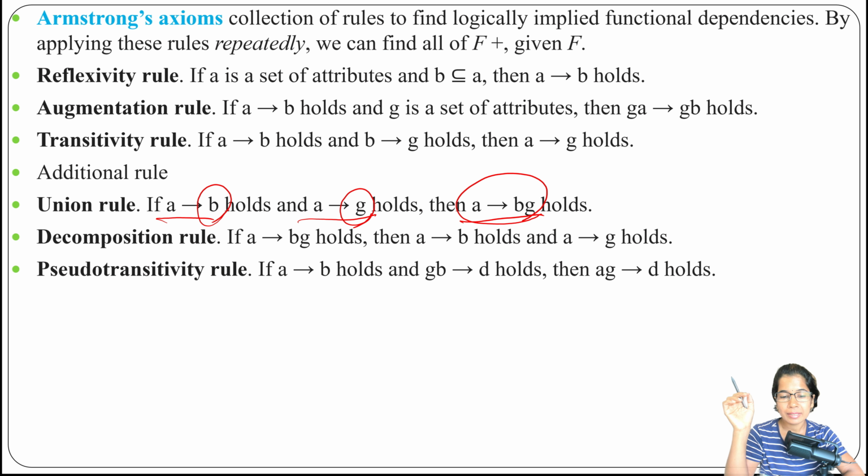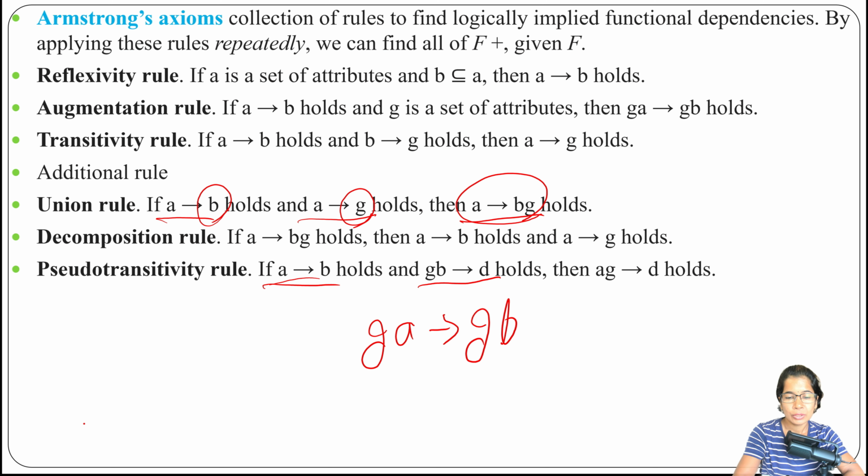Next is the pseudo transitive rule. If A implies B holds and GB implies D holds. A implies B means by using the augmentation rule, we can write GA implies GB. So from A implies B we can write GA implies GB, and GB implies D holds. So GA implies D holds. That's called the pseudo transitive rule.